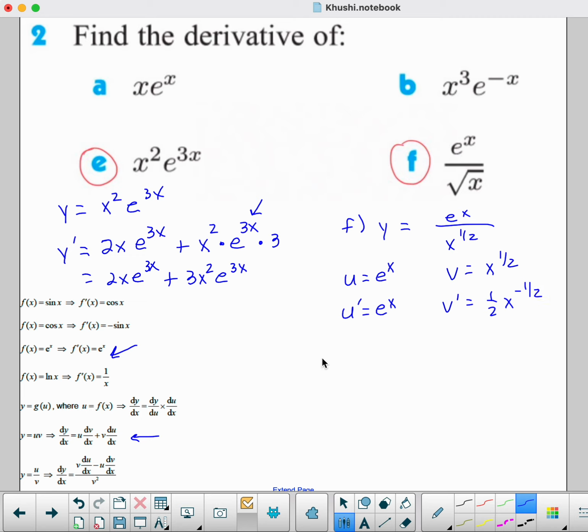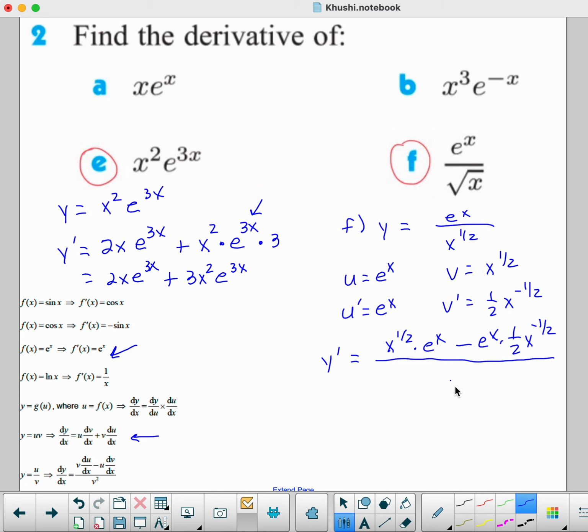Whoopee. Y prime equals v du, so that's x to the 1/2 times the derivative of u, which is e to the x, minus u, e to the x, times 1/2 x to the negative 1/2, all over v squared.